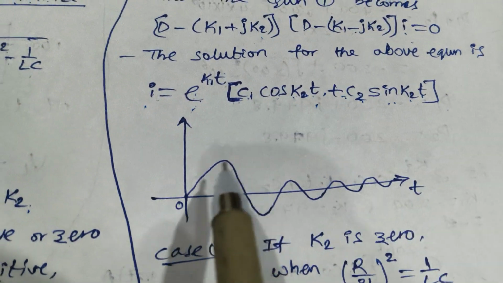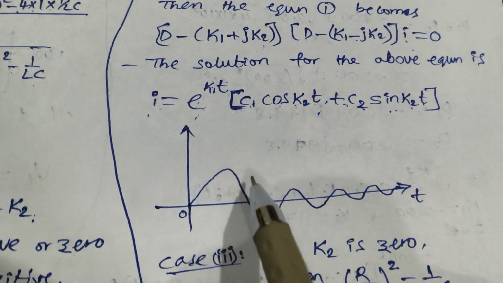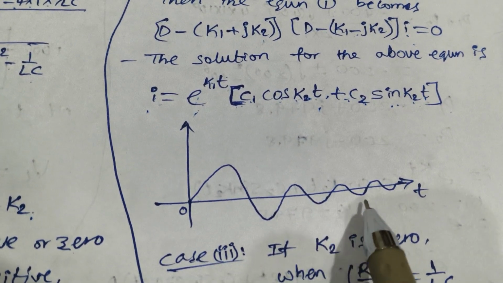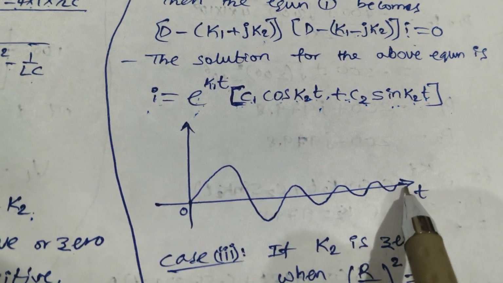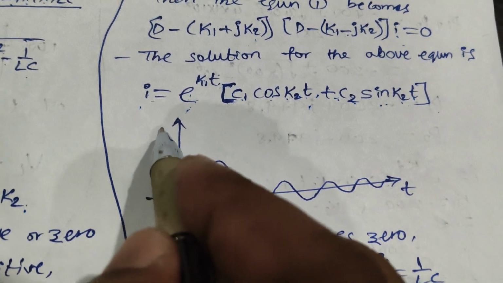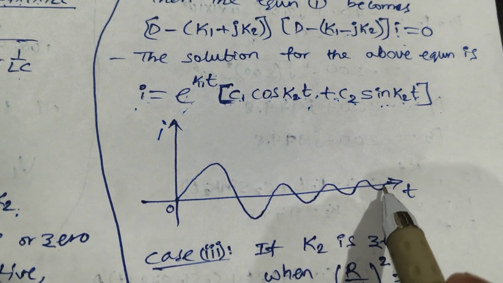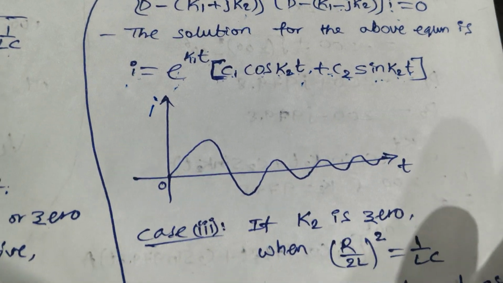If you see the current response, it will oscillate. Initially it will increase, then it will go negative. It will oscillate around the final response, that is 0, and later it will settle to 0.